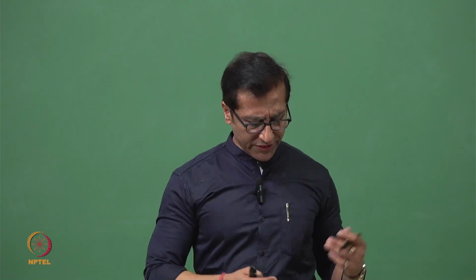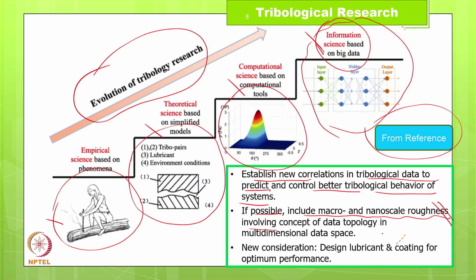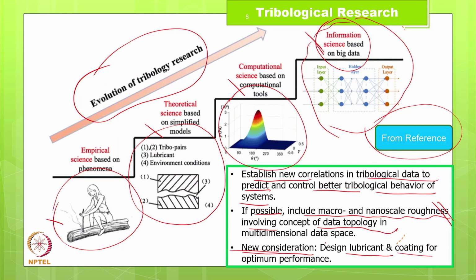So can you bring those things, maybe use data topology in this manner? And then, when we do this kind of computational modeling, we will be able to consider new things like what the design, lubricant, or coating will be that can provide optimum performance to us. So this is what can be achieved.